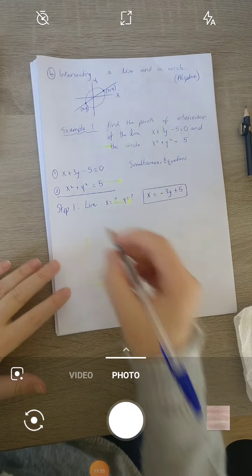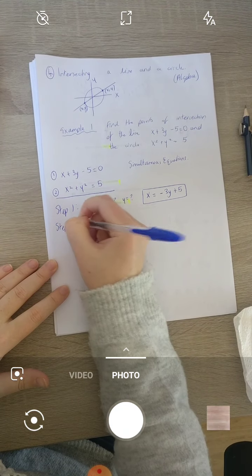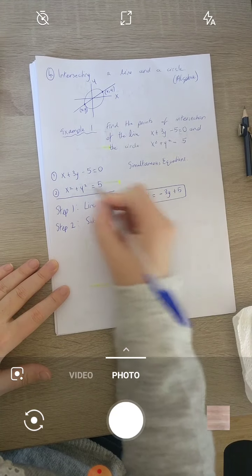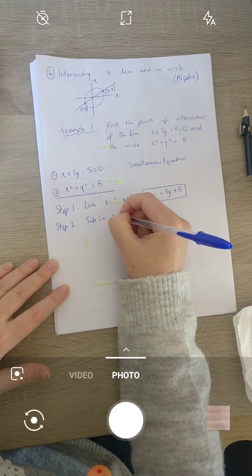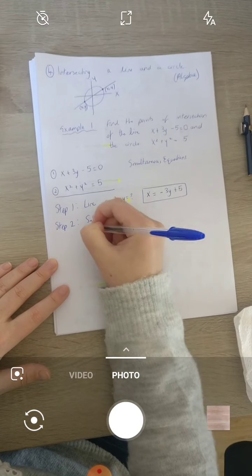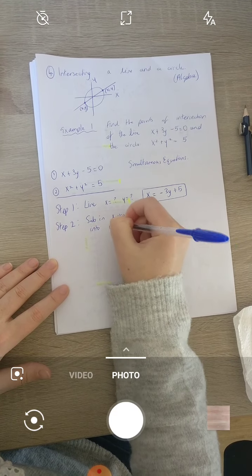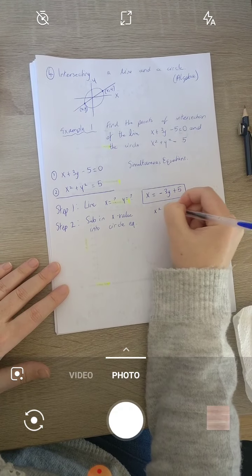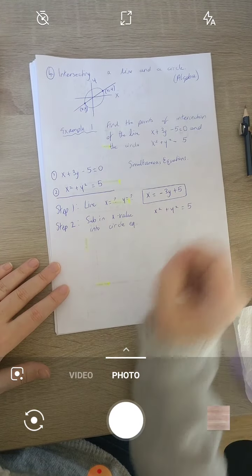So from here, step 2, we sub the x value into the circle equation. So the circle equation is x squared plus y squared equals 5.